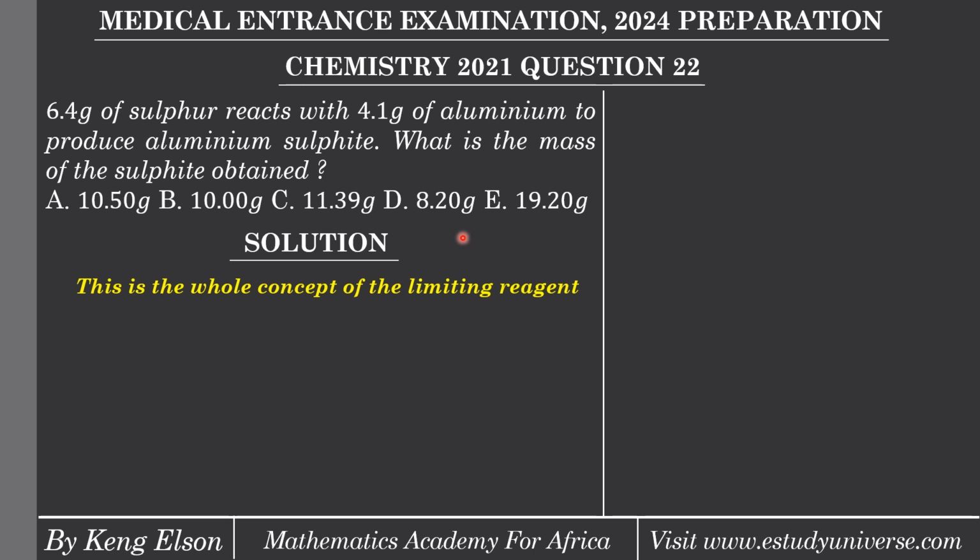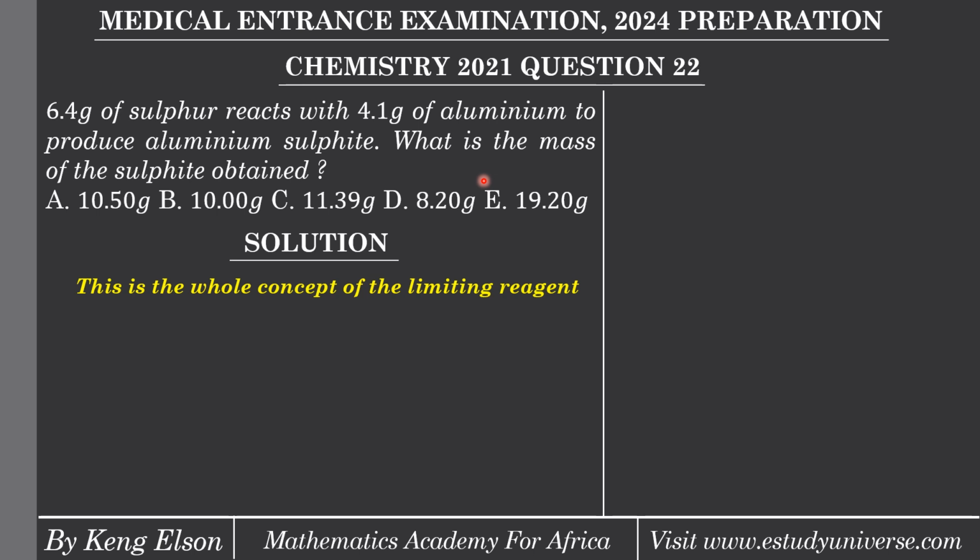Because here we have two substances, two reactants or reagents, reacting together to produce a single compound. So for you to get the mass of that compound, you might be tempted to use only the mass of sulfur or only the mass of aluminium, but definitely at the end of the day we are going to use the mass of either only sulfur or only aluminium, depending on which of them is the limiting reagent.